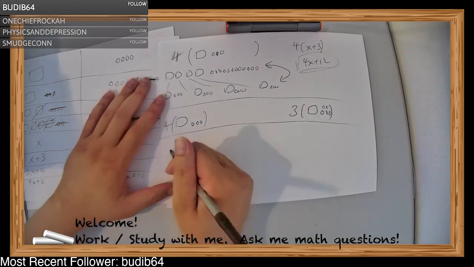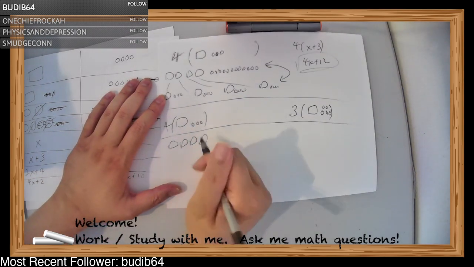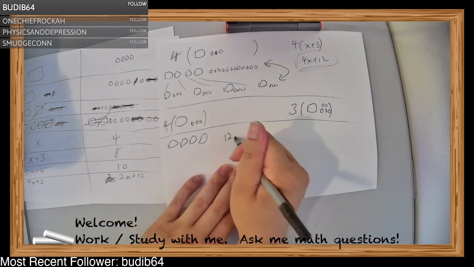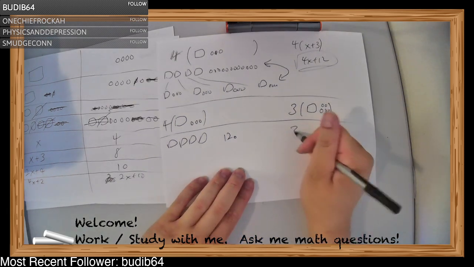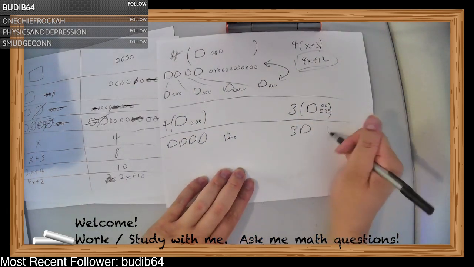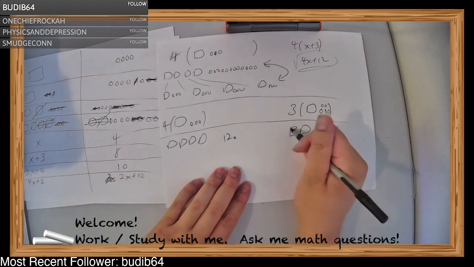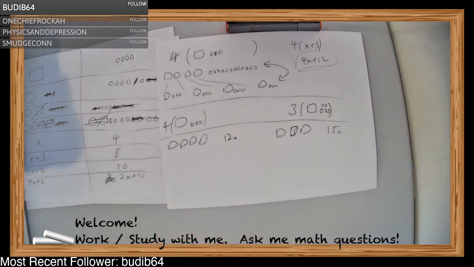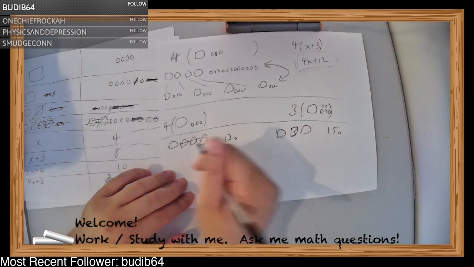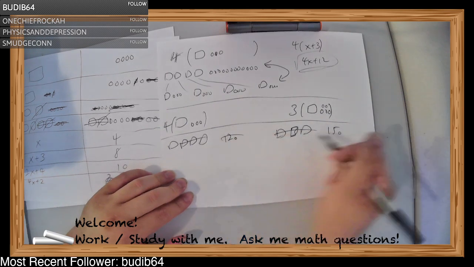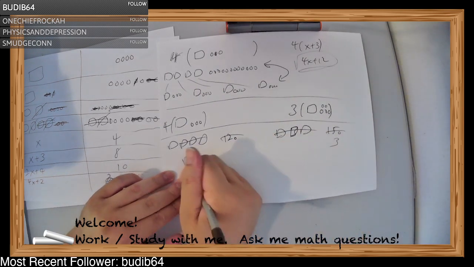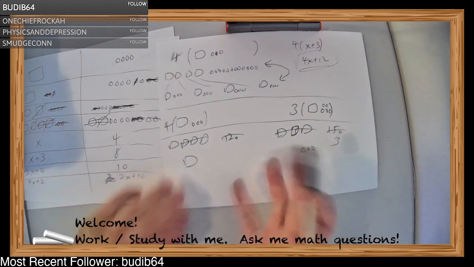So this is 4 boxes, and just for not drawing all the chocolates, let's put 12 chocolates here. And then this side is 3 boxes plus 15, I want to say, chocolates here. Maybe we should just draw the boxes anyway. All right. We cancel chocolates, cancel boxes, so this all goes away. This becomes a 3, and we find out that 1 box actually has 3 chocolates, and there you go.